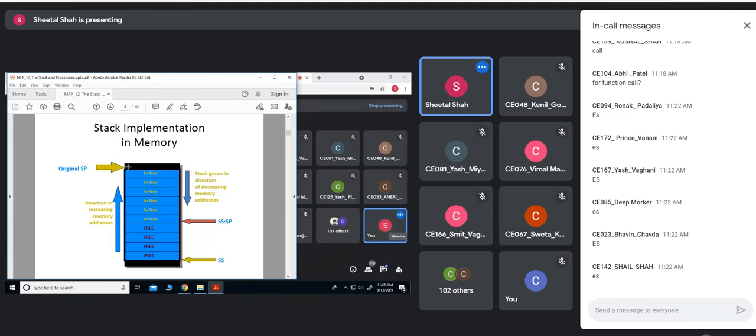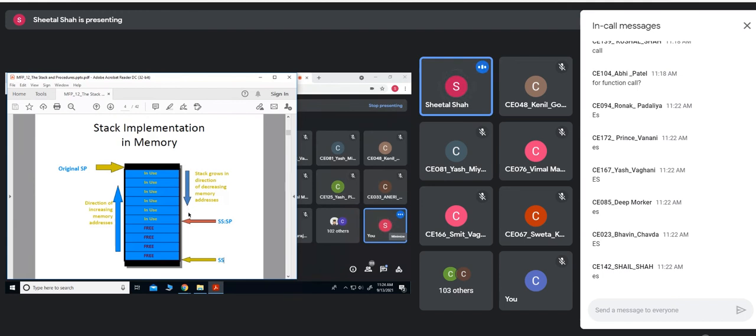Follow? Now, whenever some data is pushed onto the stack, the stack grows in this direction. Whenever the data is placed onto the stack, the stack pointer value would be decremented, and the data is placed into this memory location. You can see the blue colored arrow mark, and it grows in this direction.